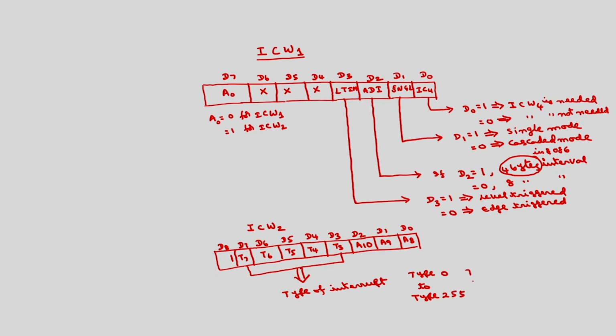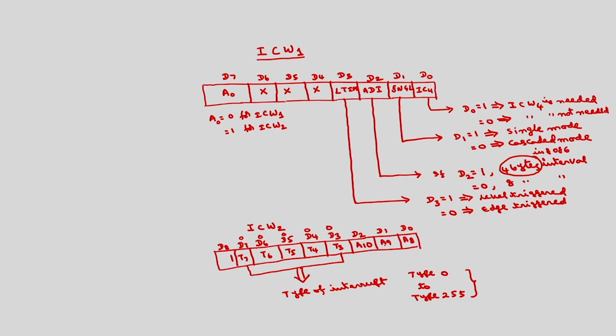In order to have 256 different types, these bits T3 to T7 will be used for selecting the type of the interrupt. If it is type 0, all these bits will be 0. If all are ones, we will get type 255. In between, different combinations will select different types of interrupts.